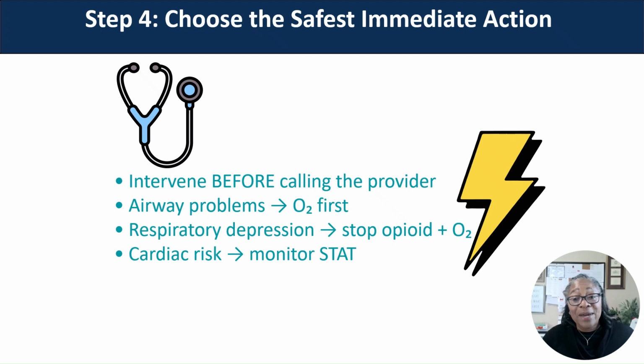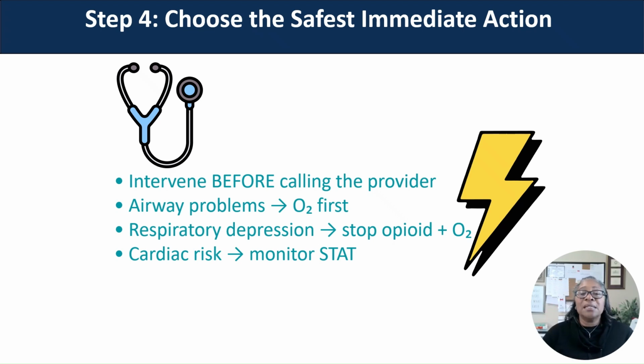If the respiratory rate is 8 after you gave them an opioid, stop the opioid, stimulate the patient, maybe a sternal rub, give some O2. If the potassium is 6.1, put that patient on the cardiac monitor stat. If the patient is post-op and bleeding, apply pressure, stay with the patient, assess the patient, call for help.